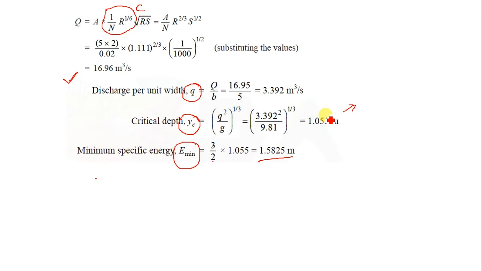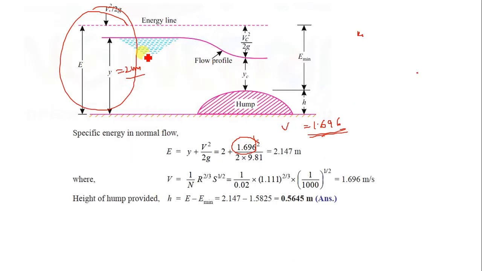Of course I know the discharge, right? Discharge is not going to vary. So now calculate the velocity from this Manning's equation or Chezy equation, and that is what I got, 1.696, and substituting that you get the energy at this particular state.